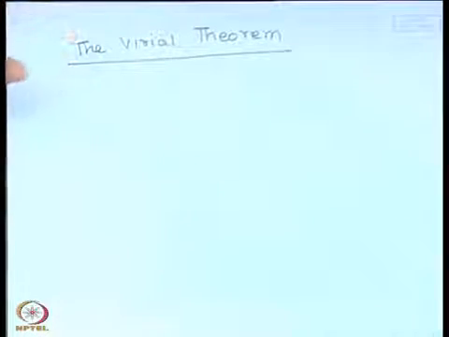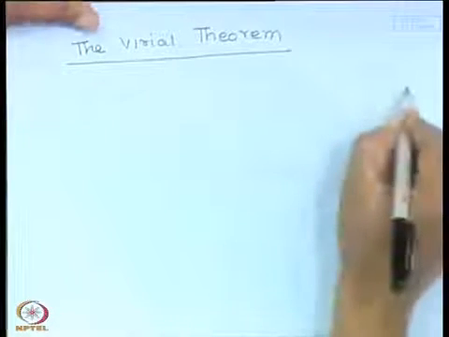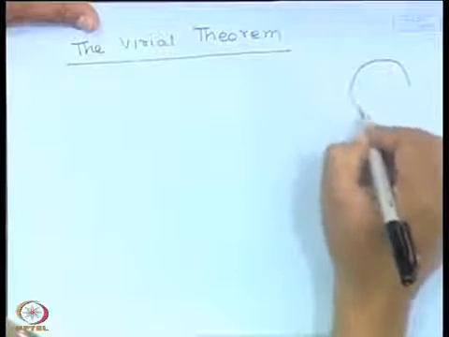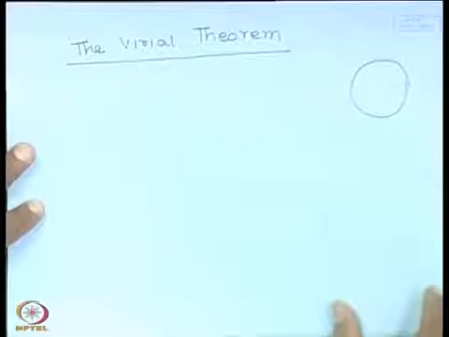So, let us consider some motion which is bound in a region of space. Let us say that the motion is bound within a certain region, let us say within this region in space.